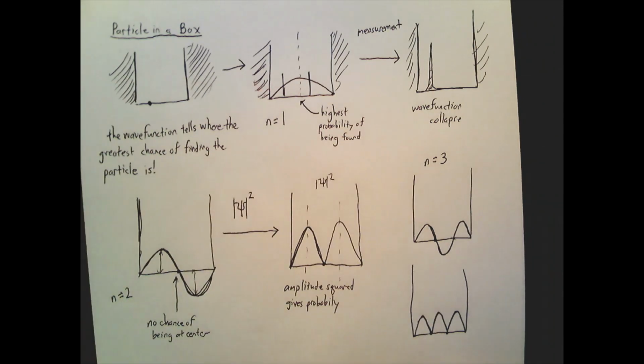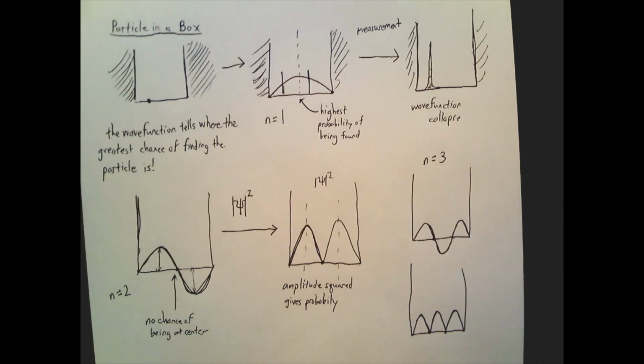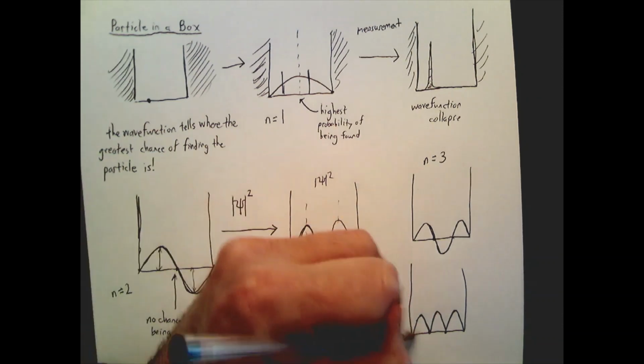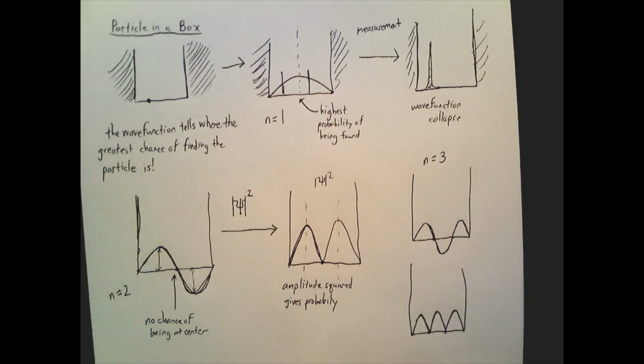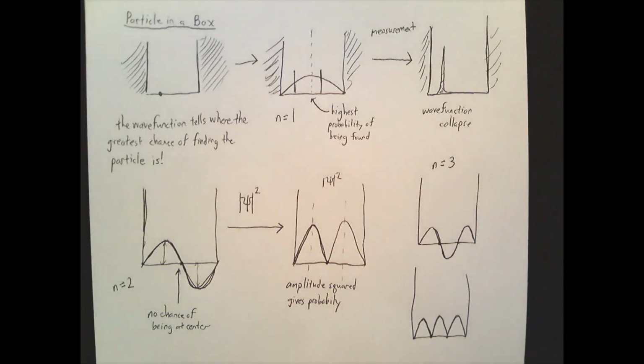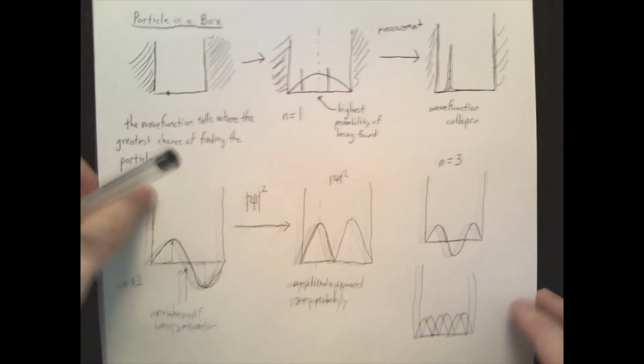And so on. We could keep going up in values of n, and you'd keep getting more and more loops along the structure here. But the main idea is that the higher the squared wave function, the more likely you're able to find a particle. So let's look at one quick example, and then we'll call it a day for today. So here is a more complicated wave function.